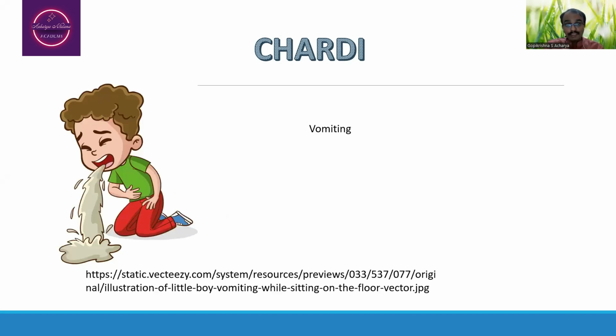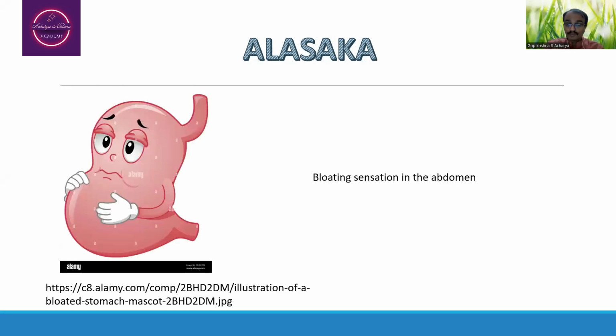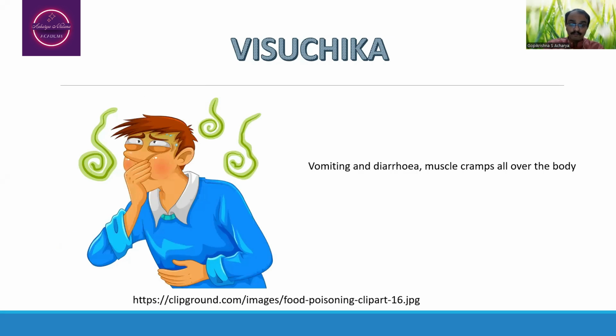Vomiting, that is the upper alimentary canal, through which the contents of the alimentary canal get eliminated via the mouth. Alasaka, that is a bloating sensation of the abdomen, wherein the person is not in a position to feel any hunger at all.